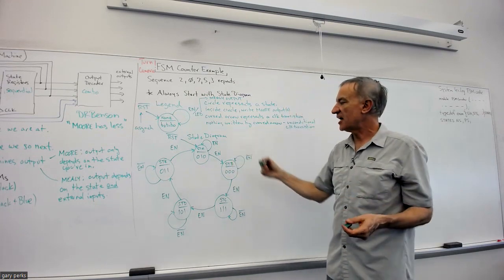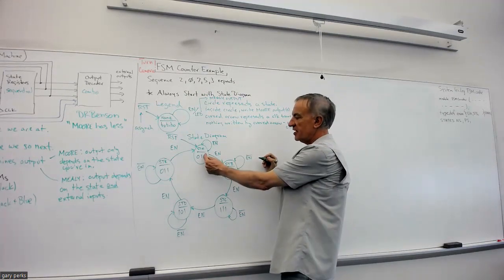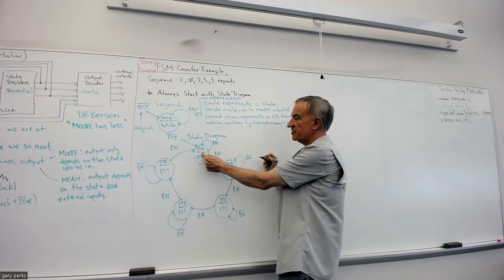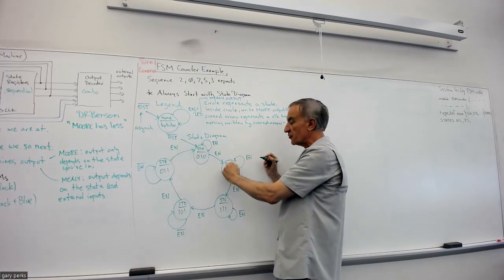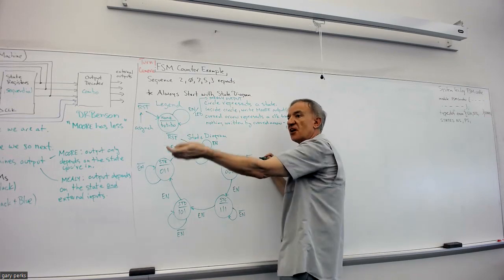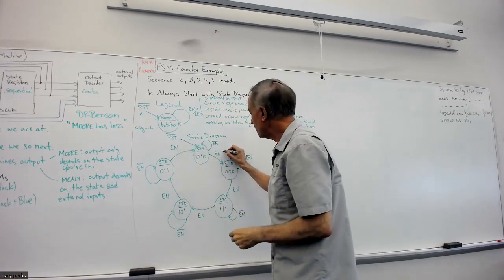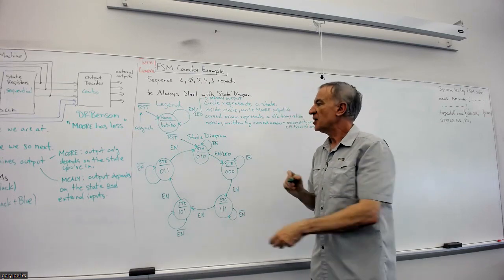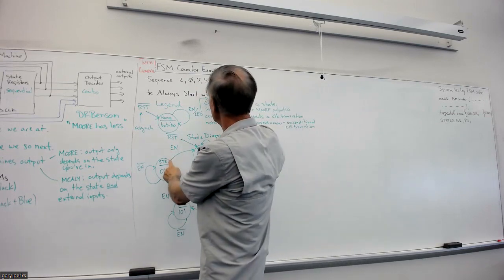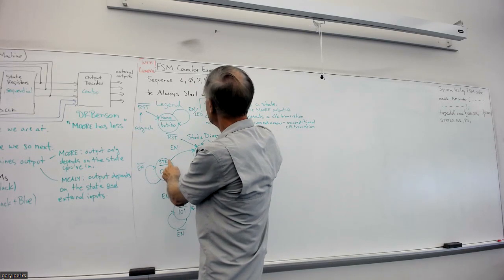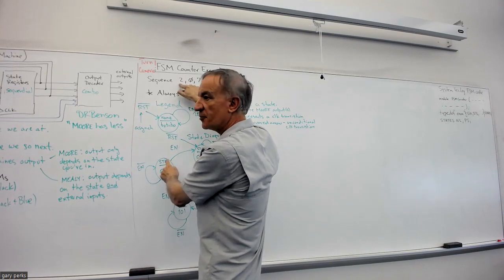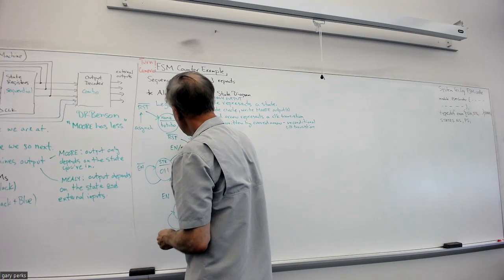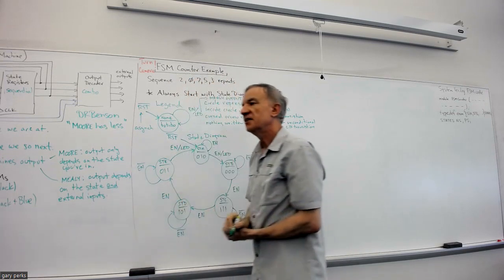Here's where the sequence starts, because 2 is the first number, so if we progress to the next number, we've started the sequence. So I want the LED on for that. Also, I want the LED on when we go from the last number back to the first number. So I put slash LED there.